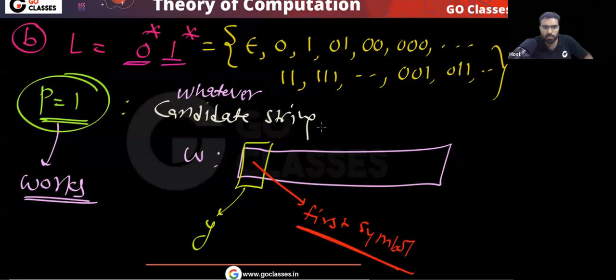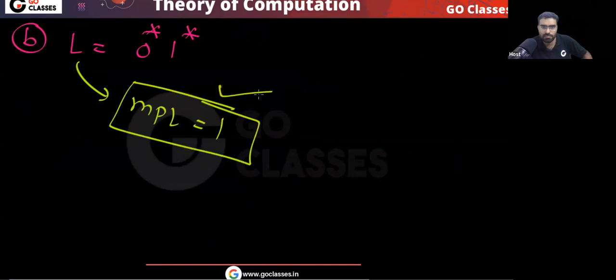Is this clear? Let me know. So p equal to 1 will work. If p equal to 1 is working, what is the minimum pumping length then? The minimum pumping length will be 1.